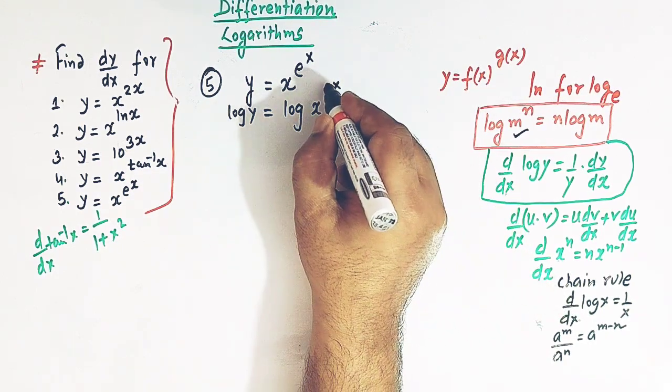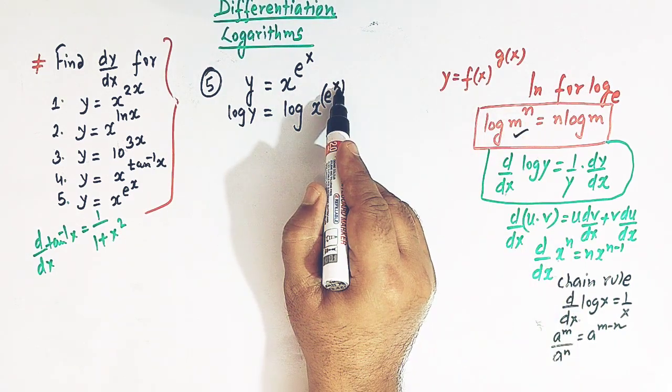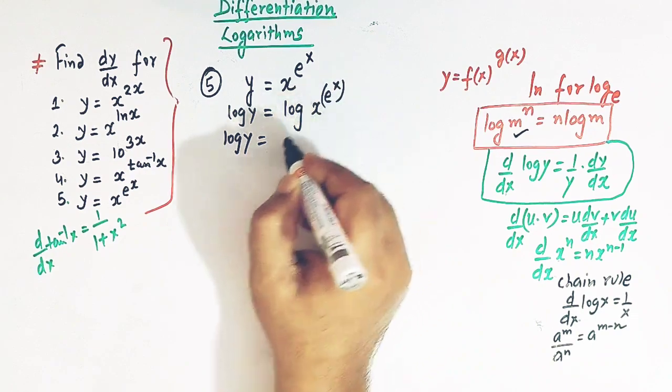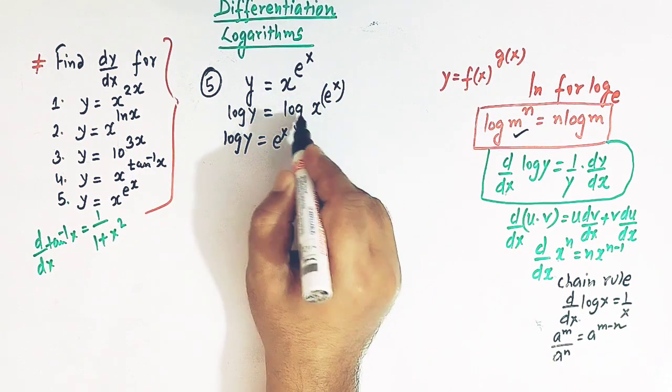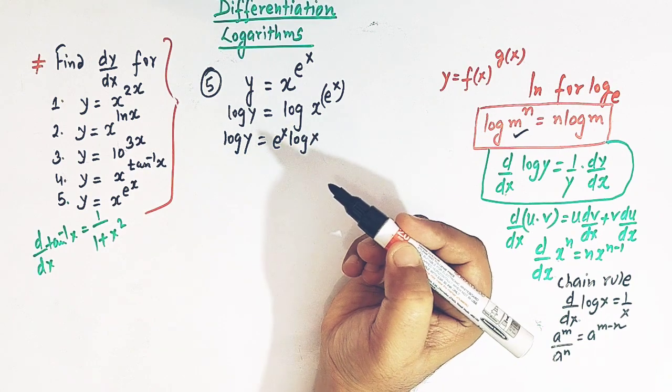Now see, here we have n as e raised to x and m is x. So we get log y, and we take e raised to x in front of this log, so we have log of x.